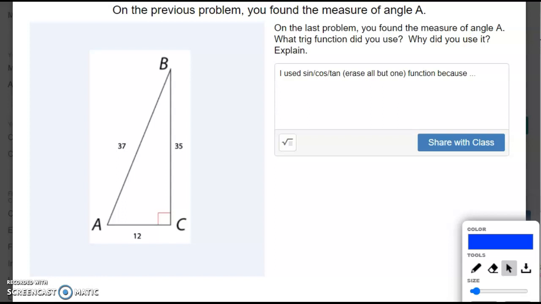We used cosine. Why did you use it? I just chose that because it was close, but it would have been just as correct if I used sine as 35 over 37 and then found the ratio from the trig table for sine, and likewise for tangent as well.